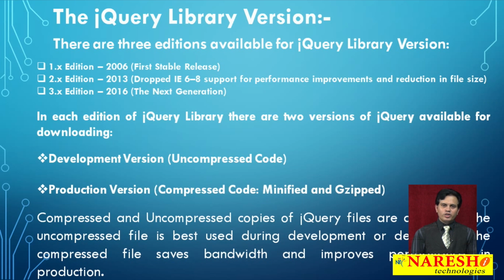That means if you are working with the 2.x edition of the jQuery library, it does not support Internet Explorer browser 6, 7, 8, and this 2.x edition file size has been reduced.